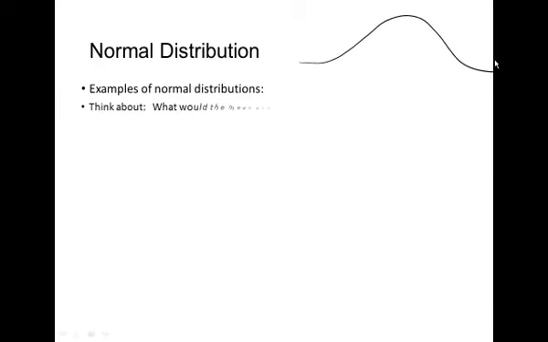When we're going through each of these examples, I want you to think about this question. What would the mean be, or near, and what would the standard deviation be for each variable? So a good example of this is test scores. Test scores, let's say out of 100%, right?